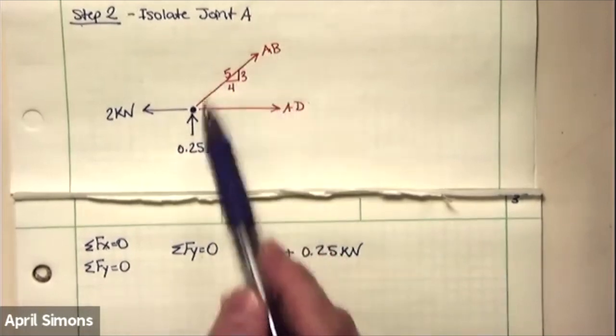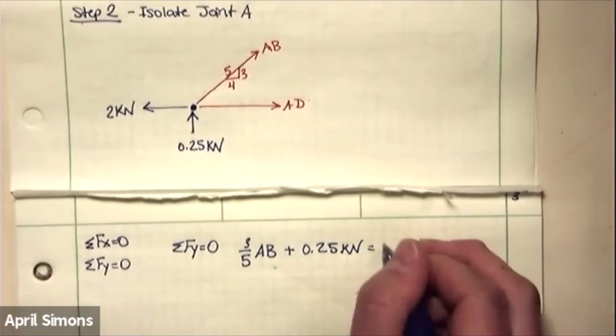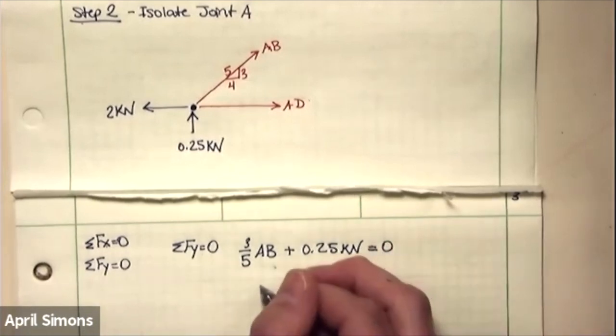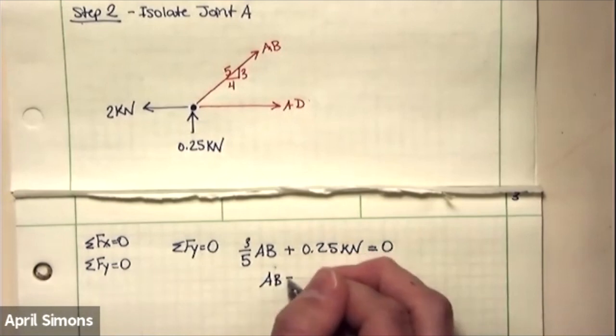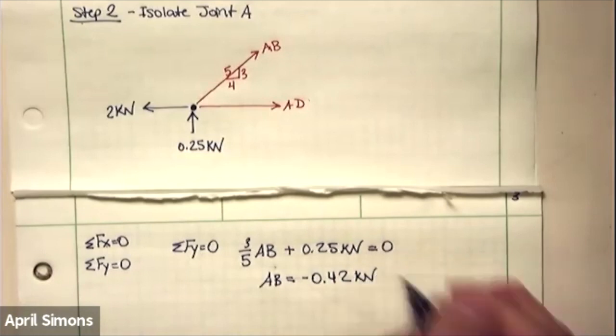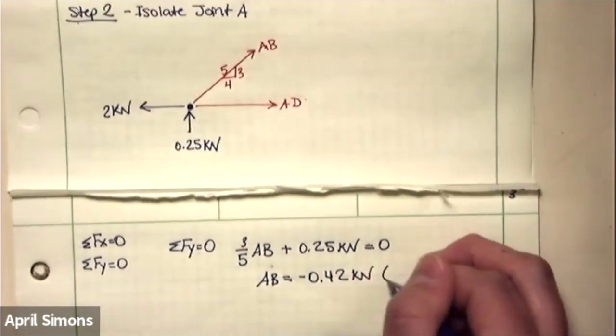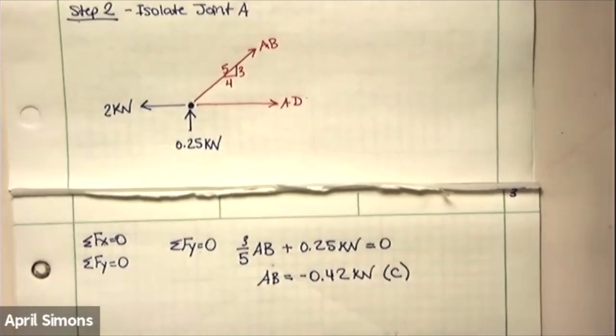We have the Y component of this term, we have our Y support reaction, and that's all. So we set this equal to 0, and we solve for AB. We get AB equals negative 0.42 kilonewtons. And again, getting a negative here just means that this member is actually in compression and not in tension like we drew it. So this is a negative, and I'll mark down that it's in compression.